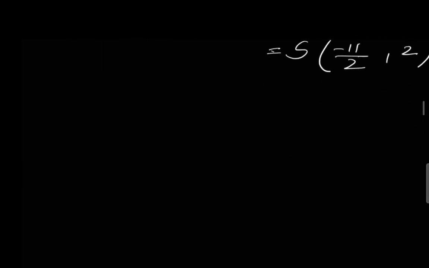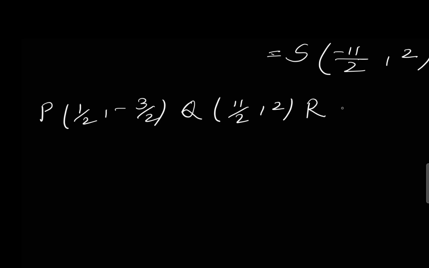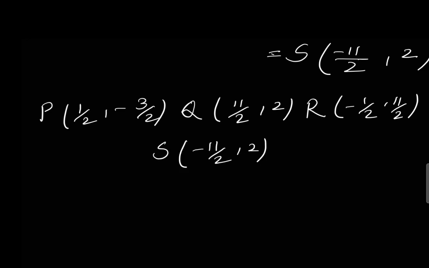Let me write the coordinates separately. P is 1 by 2, minus 3 by 2. Q is 11 by 2, comma, 2. R is minus 1 by 2, 11 by 2. S is minus 11 by 2, comma, 2.